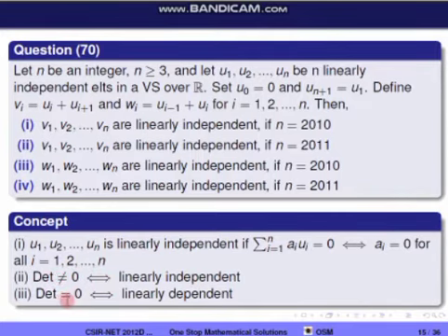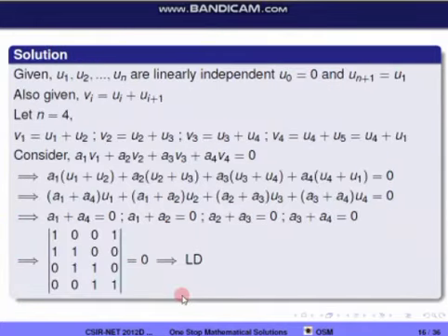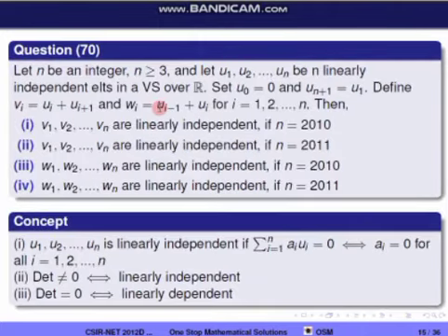Determinant equal to 0 if and only if it is linearly dependent. So now we'll move on to the question. So given u1, u2, etc. up to un are linearly independent, and u0 equal to 0 and u(n+1) equal to u1. Also given vi equal to u(i+1). Note that we have to check the linear independence condition for n equal to 210 and n equal to 211.